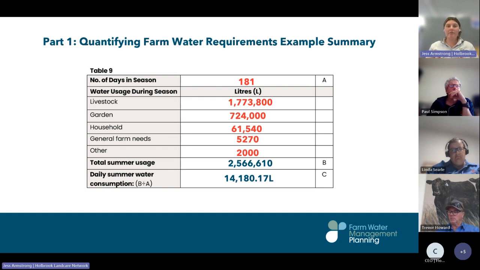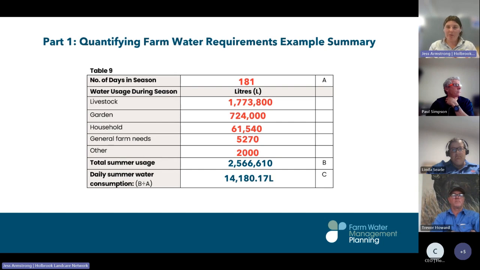So consider, obviously, what livestock you're going to be keeping on, how many people are in your household, how big is your garden area, what crops you know that you need to get watered, what general farm use in terms of potentially spraying, drenching, plunge dipping, what management things you require water for, and run your numbers.